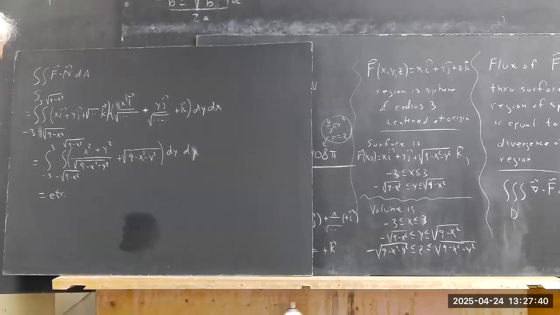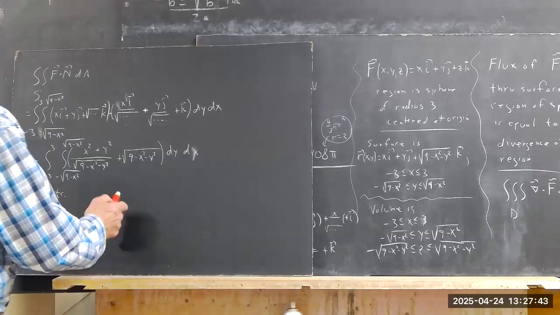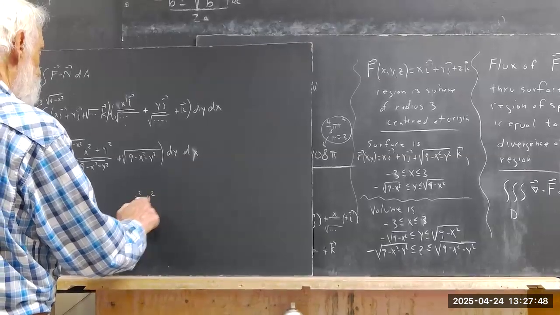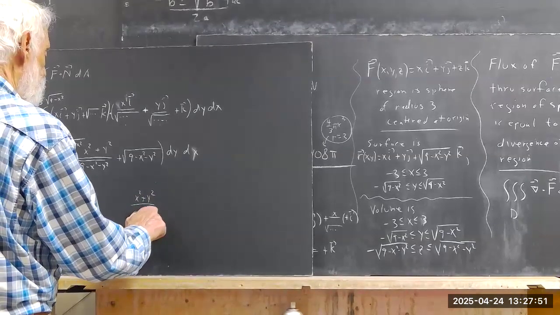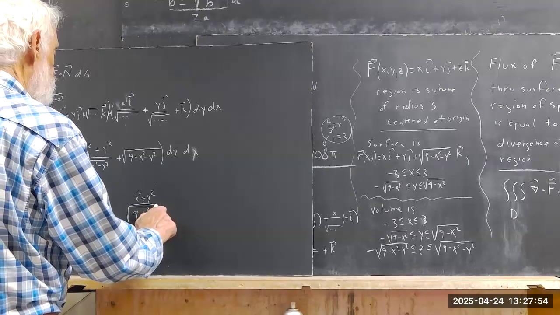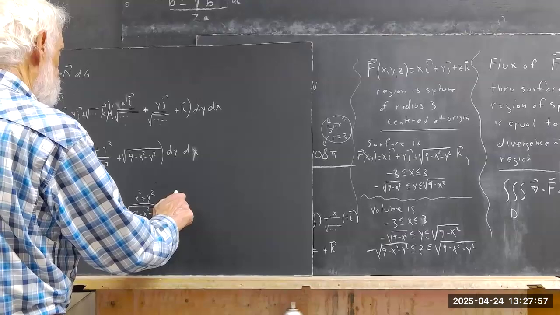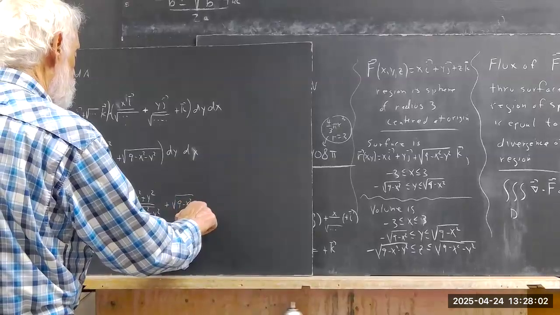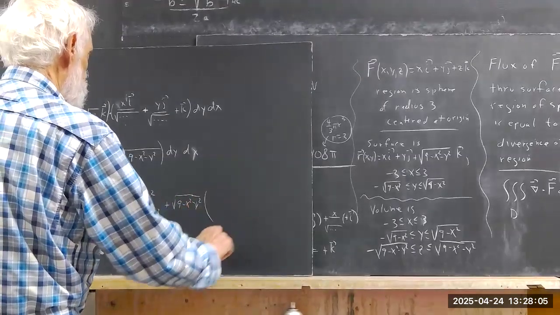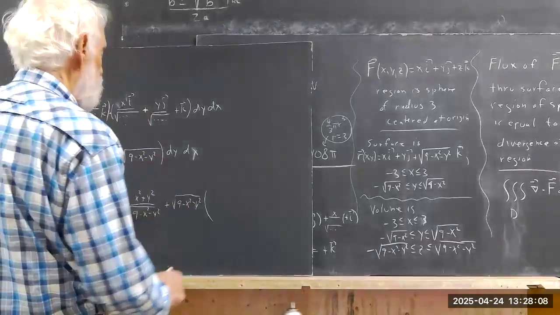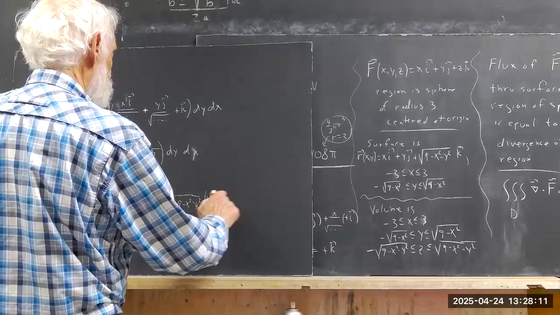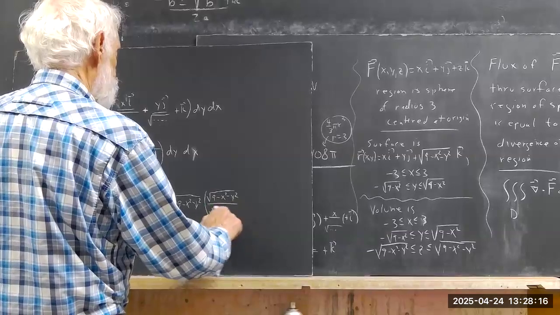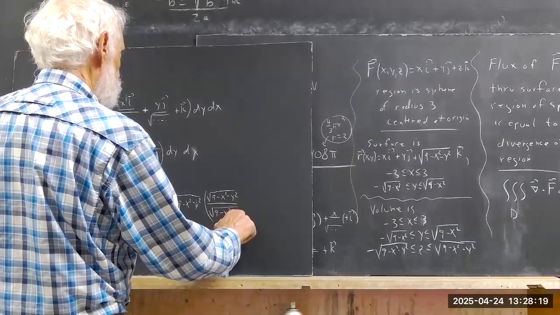Okay. And what I find is, I've got the common denominator, I multiplied by common denominator over common denominator.